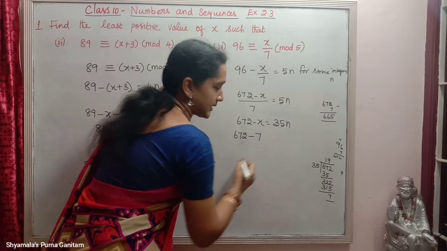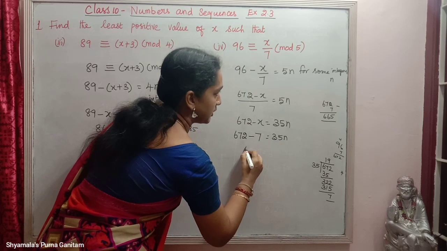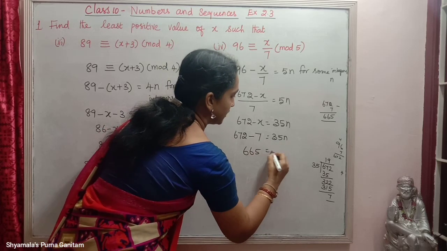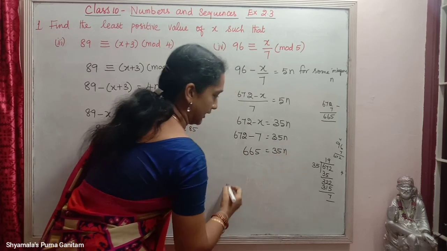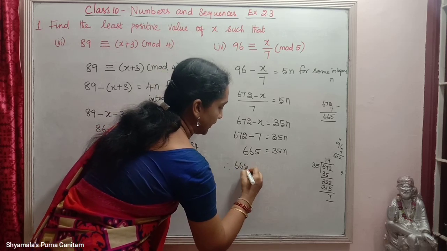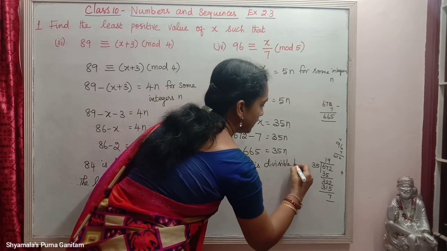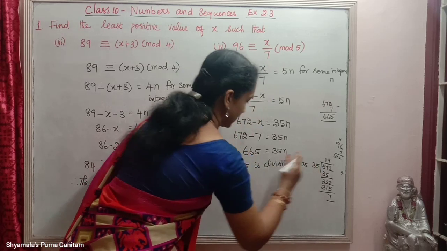So 672 minus 7 is equal to 35n, so 665 is equal to 35n. Therefore 665 is divisible by 35.